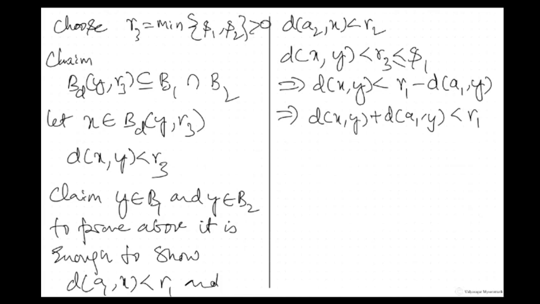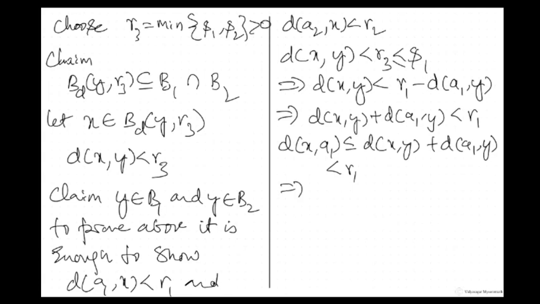But the value on the left hand side, by triangular inequality, distance between x and a1 is less than or equal to distance between x and y plus distance between a1 and y, and that is less than r1. So that would mean that distance between x and a1 is less than r1. So x belongs to B1.